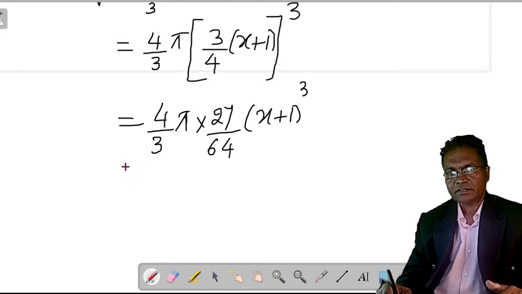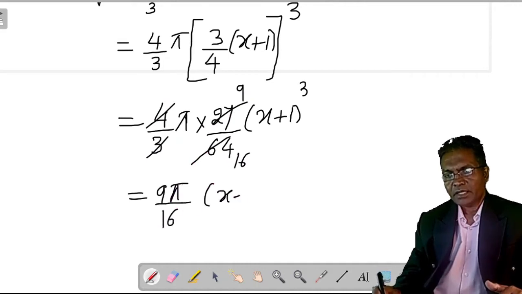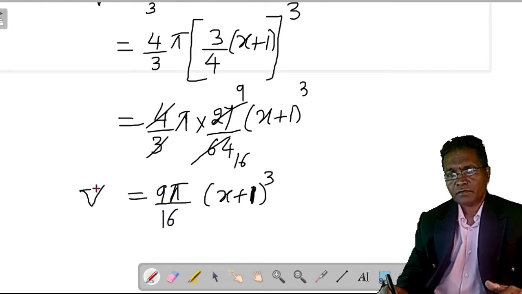Four fours are 16, three ones are three, nine... so you will have 9 pi by 16 into x plus 1 power 3. This is your V.